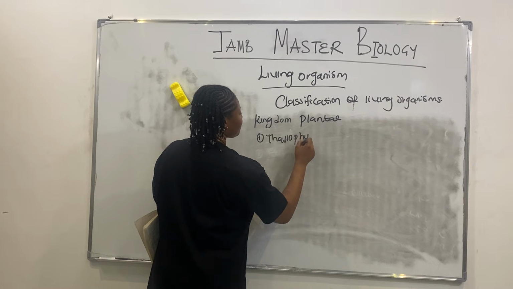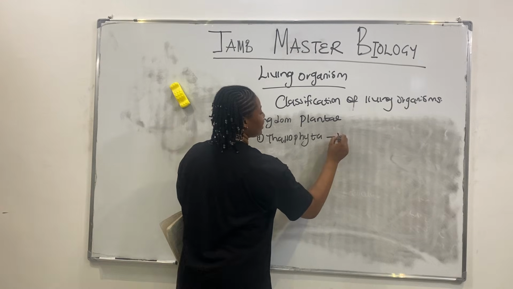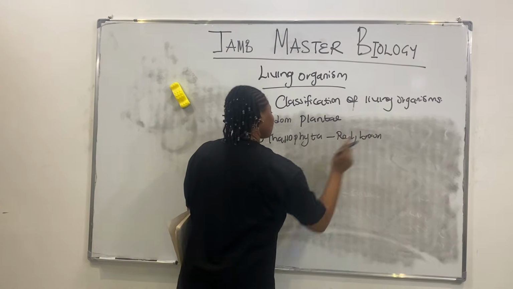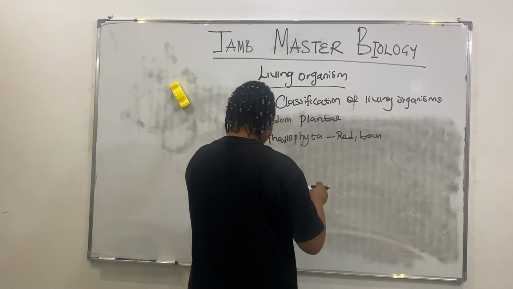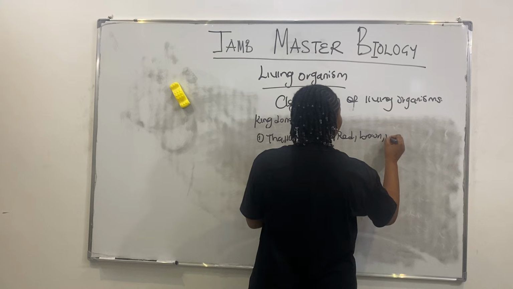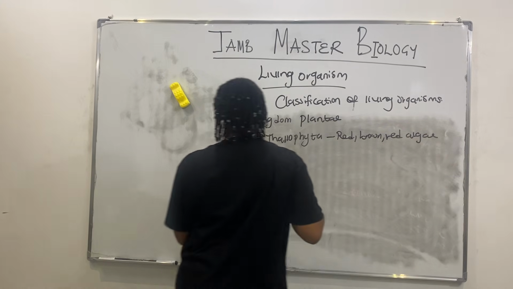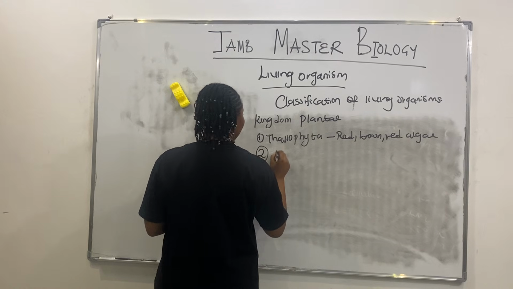This was what I was trying to explain in the last class. Under Thallophyta, we have the red, the brown, and red algae, right? Thallophyta. The next one we have is Bryophyta.